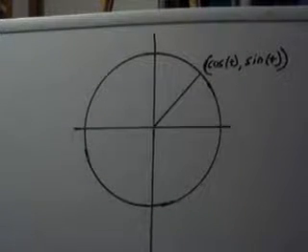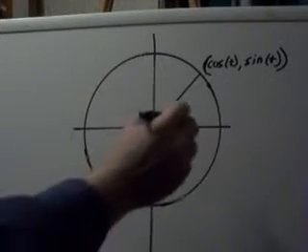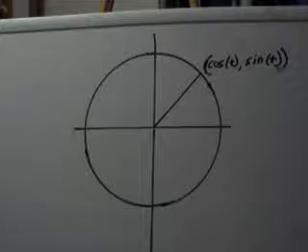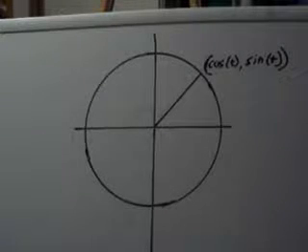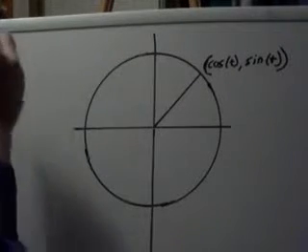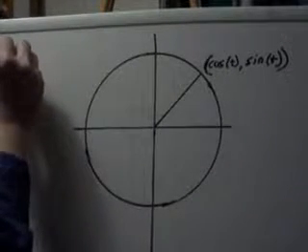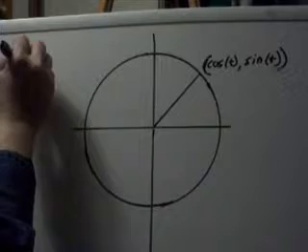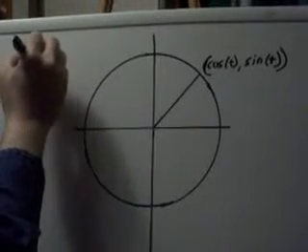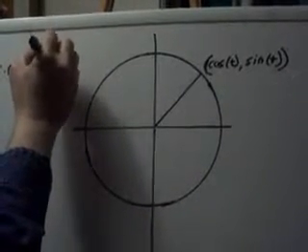Okay. Now, we know that if you go from this point here to this point here, you will cover 180 degrees. So, if you have pi times a radian, you're going to have 180 degrees.